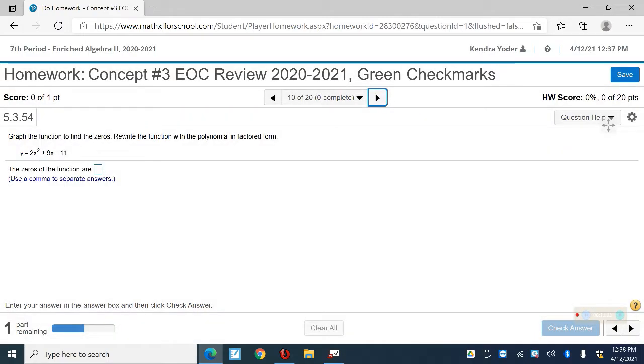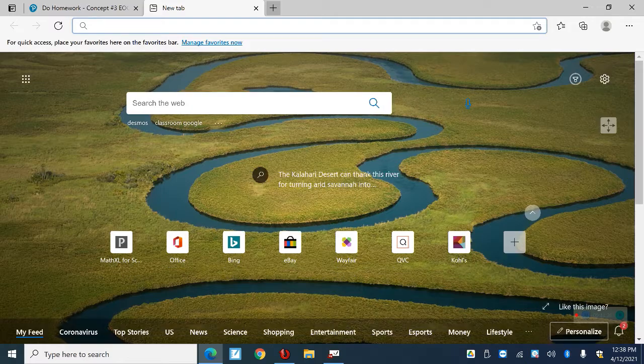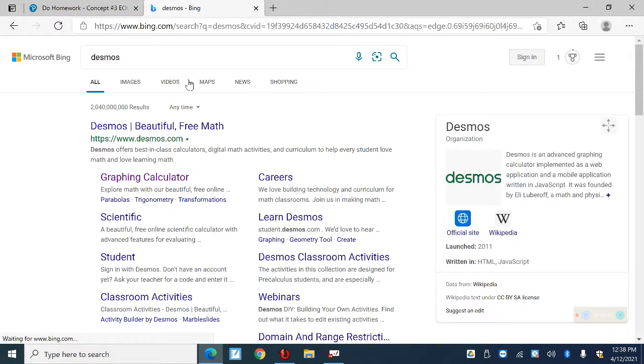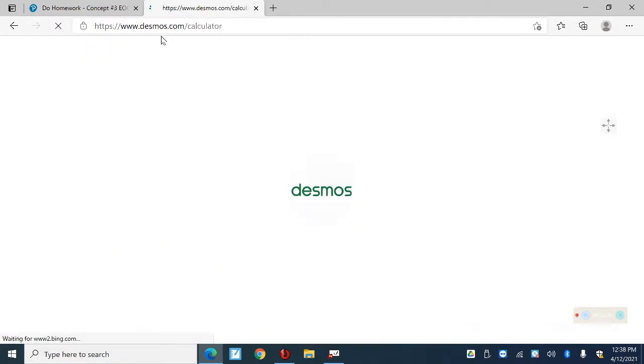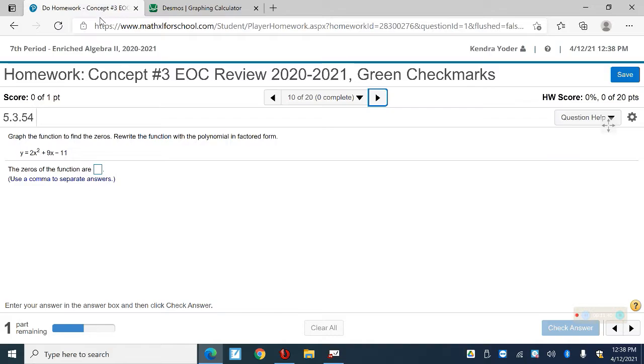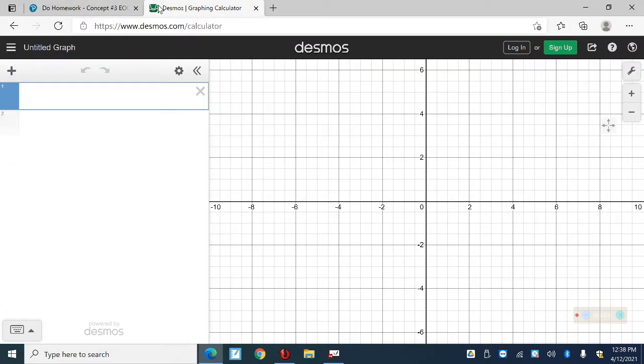And go to the next one. Rewrite the function with polynomial in factored form. Now, there's a couple things that I want you to do here. It says to graph, so the way you can do this, totally fine, you can do Desmos. Okay? It's totally fine if you do this because this is what they're wanting you to do. Y equals 2x squared plus 9x minus 11.